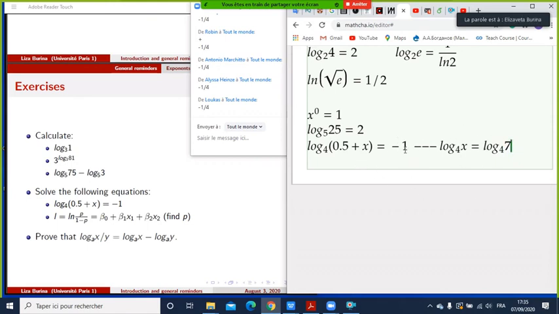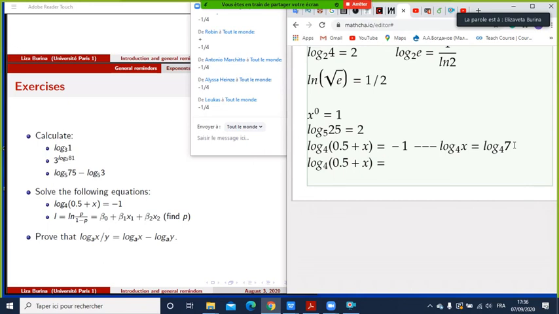So again, all I have to do is to express this minus 1 in terms of a logarithm that has a base of 4. So log 4 of 0.5 plus x.